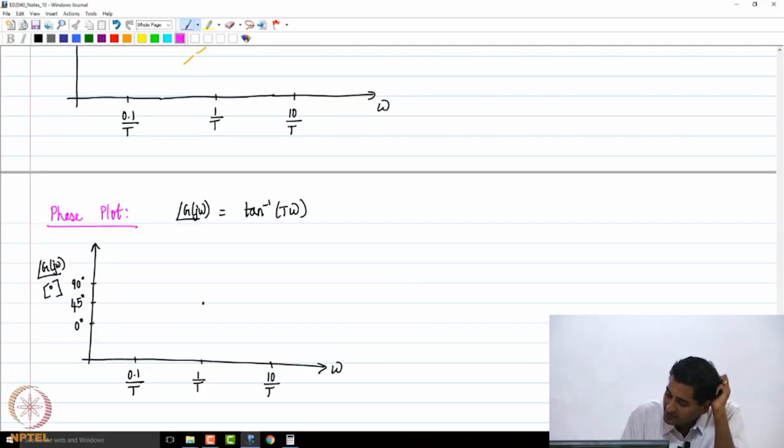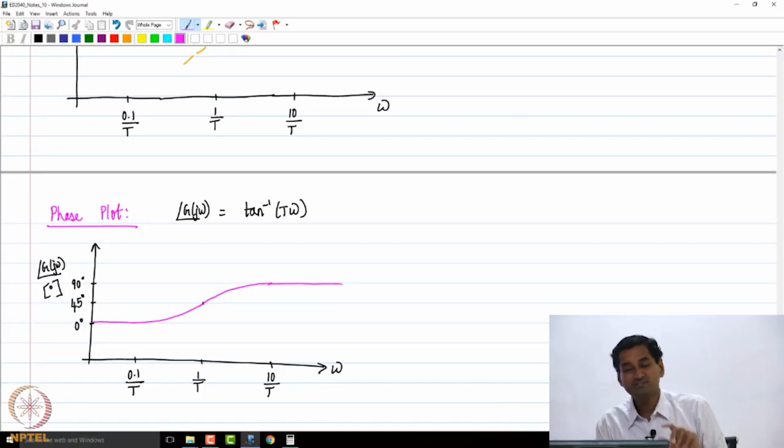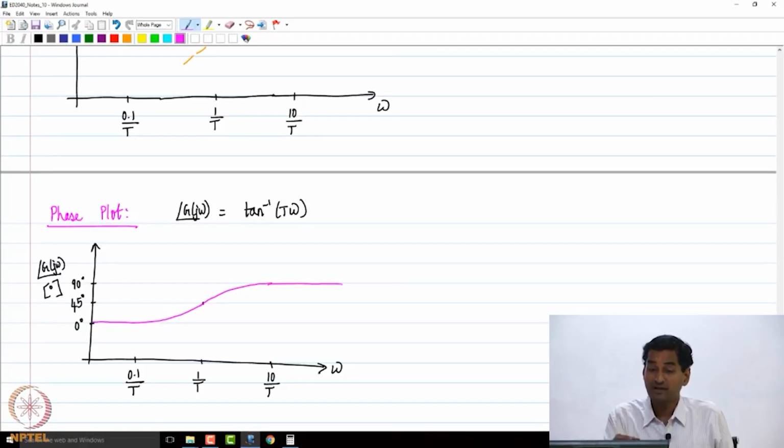So, what is going to happen to the phase plot is that it is going to start from 0 and then pass through 1 by capital T and 45 and then settle to 90 asymptotically, okay. So, that is what will happen to the phase of this factor Ts plus 1, okay.